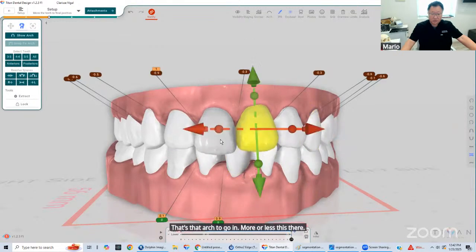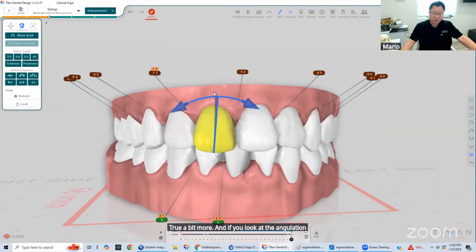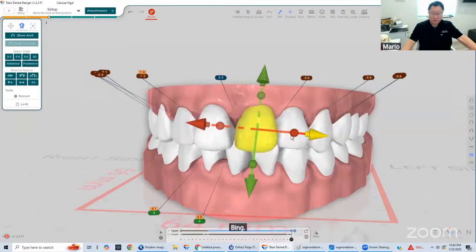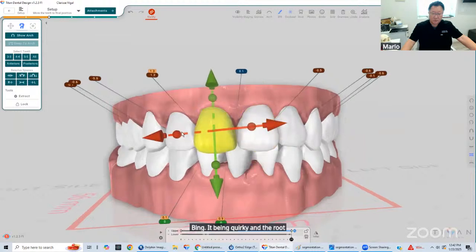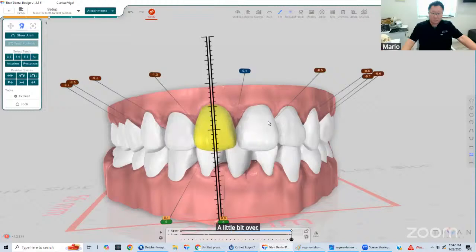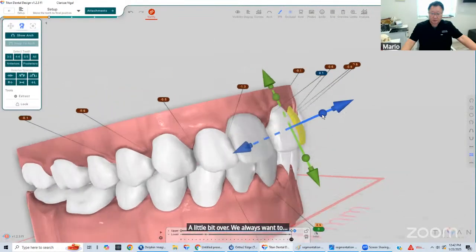Want to intrude a bit more. Okay, and if you look at the angulation of the root, you can tell tipping, torquing the root a little bit over. We always want to overcorrect, you know.